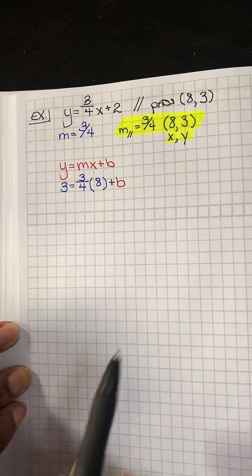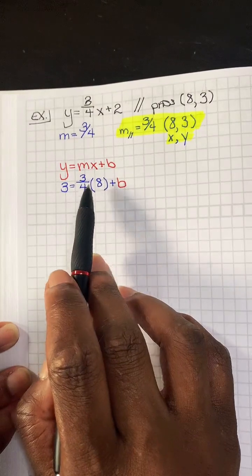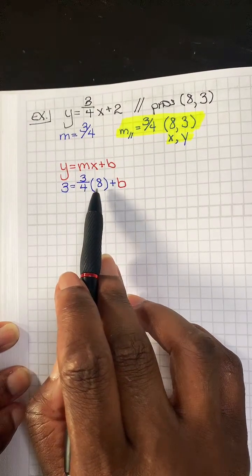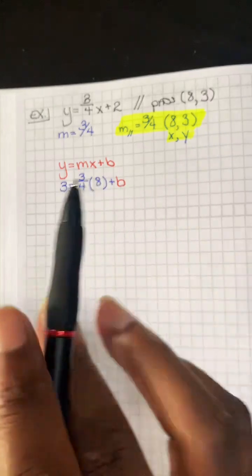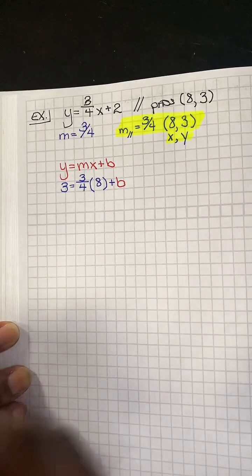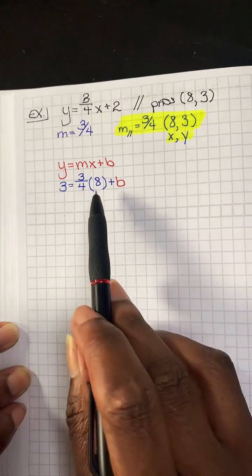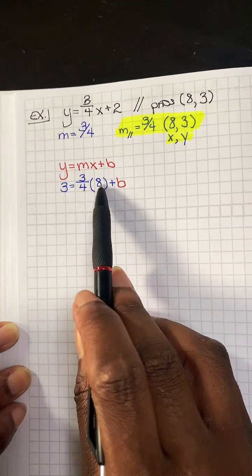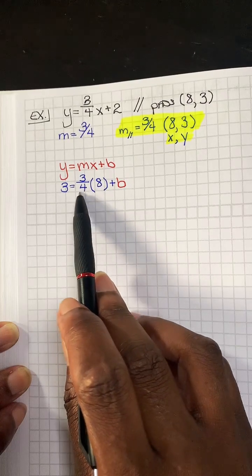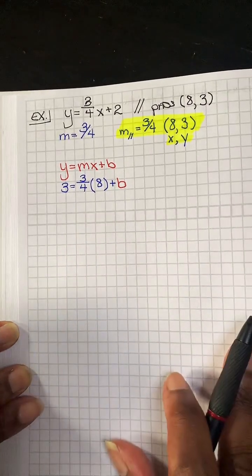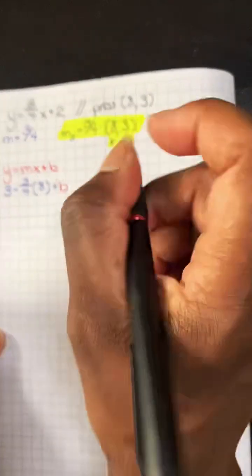All right, so now we have 3/4 times 8. Don't freak out. We can do this one of two ways. I noticed that the 8 and the 4 are basically multiples of 4. I could reduce that. Let me show you off to the side here.